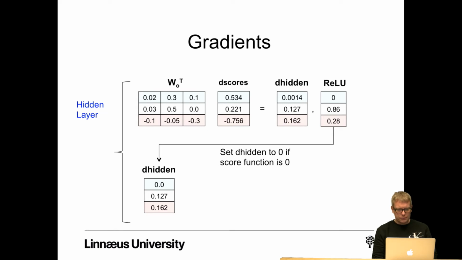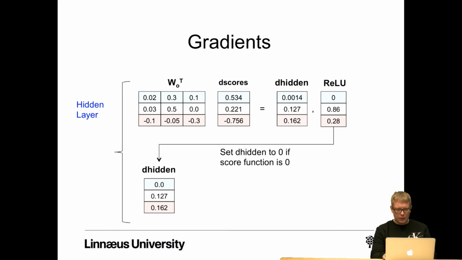And when we use the ReLU activation, and the ReLU activation, as we saw before from the hidden layer, is 0, 0.86 and 0.28, we update the gradients vector of d-hidden by setting all elements to 0 if the score function in the corresponding element is 0. So we set the first value to 0 because we have 0 on the first element in the ReLU activation vector.